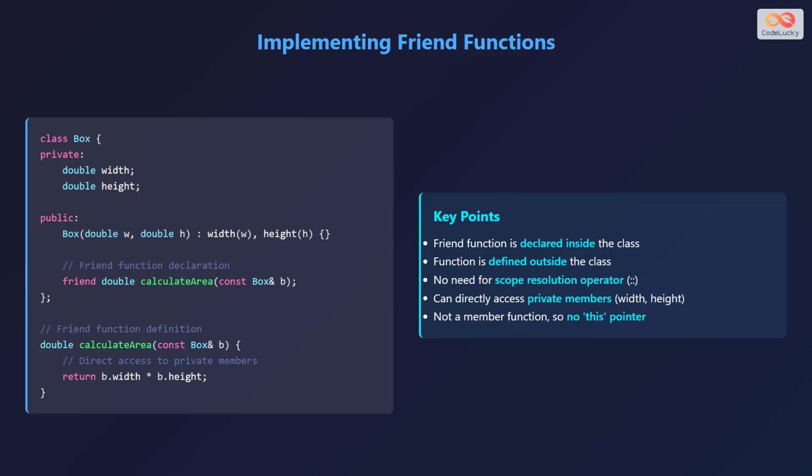When writing the function, you can directly access the private members of the class object passed as an argument, without using getter or setter methods. One thing to note is that you don't need to use the scope resolution operator to define the friend function, because it is not a member function of the class. Also, there is no this pointer inside friend functions. In this example, you can see how calculateArea is implemented.